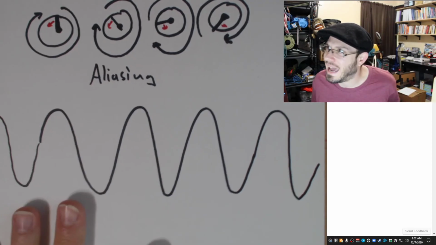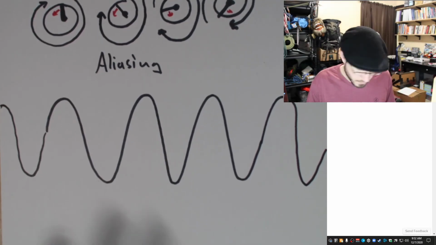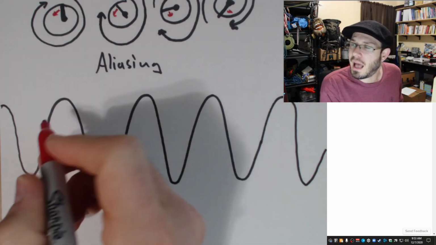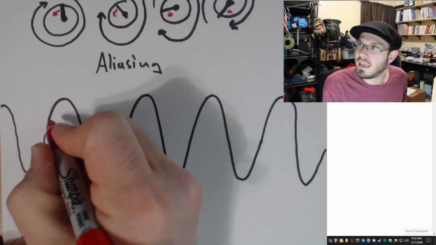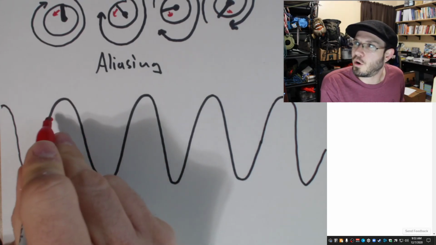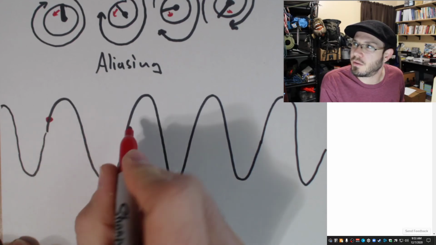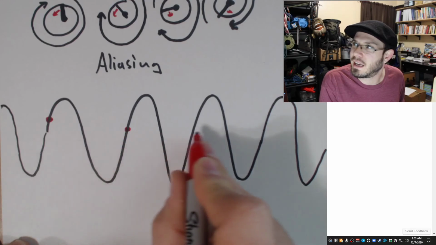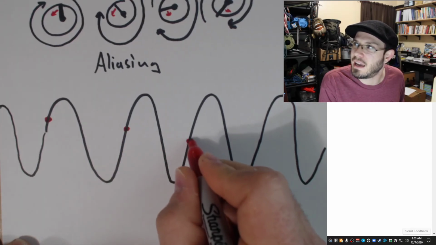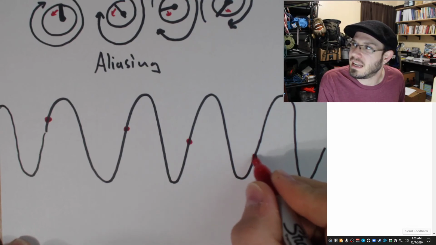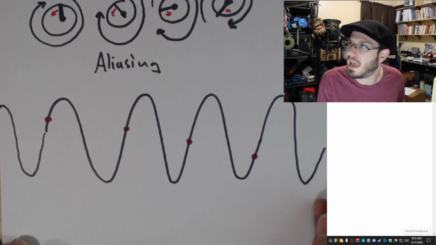The same thing can happen when you take a measurement, especially of a time-varying signal. I take a measurement here. The next moment in time, I take a measurement here. The next moment in time, I take a measurement here. Next moment in time, I take a measurement here. And so forth.